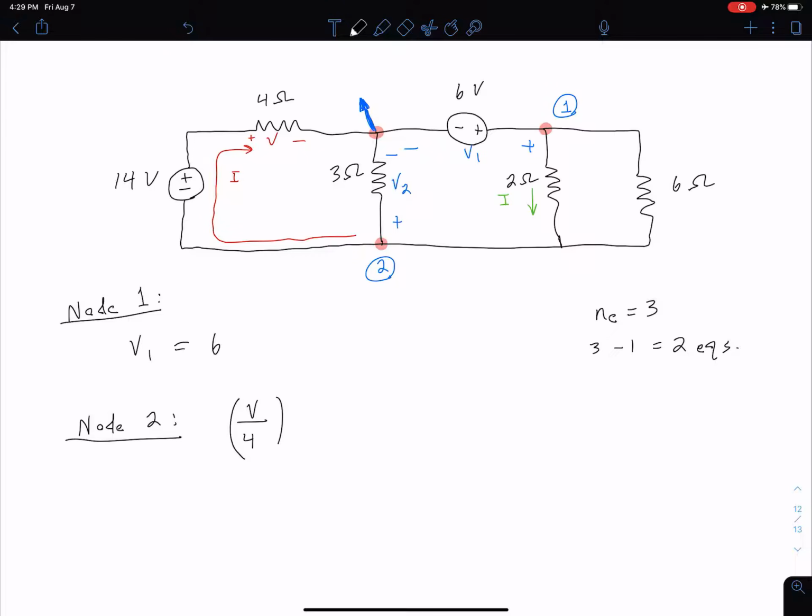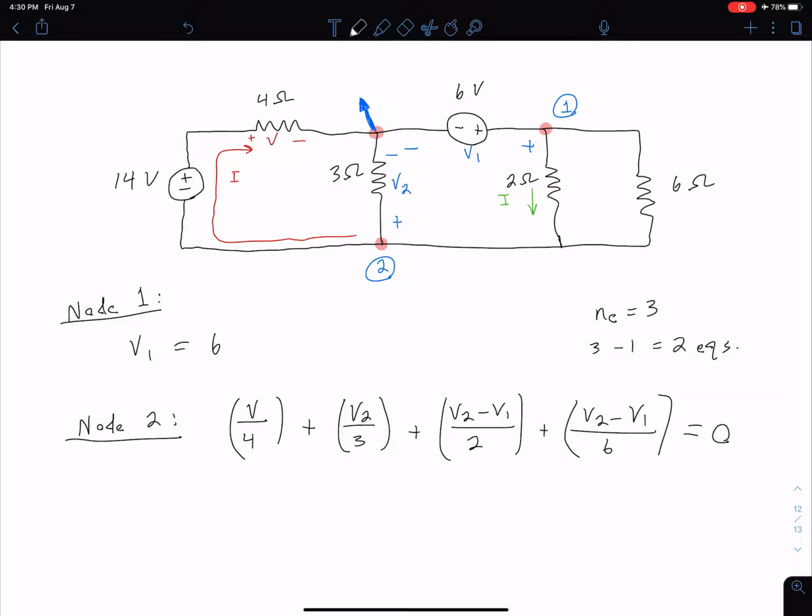Then we also have current going up through that 3 ohm resistor, which from Ohm's law is just V2 over 3. And our current going out to the right goes out through two branches: V2 minus V1 over 2 going through the 2 ohm resistor, and V2 minus V1 over 6 going through the 6 ohm resistor.